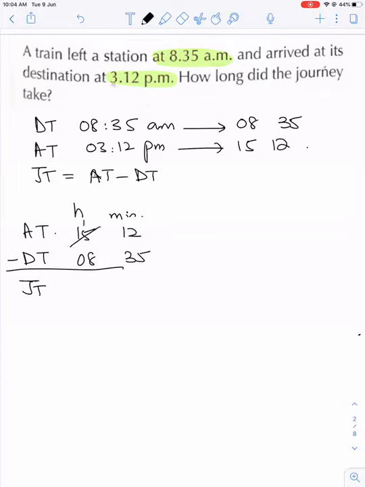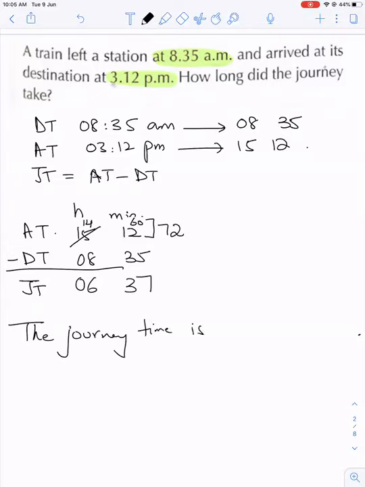When we subtract 1 hour from here, 14 hours will be left. 1 hour, when it goes on to the minutes column, becomes 60 minutes. 60 plus 12 gives you 72 minutes. 72 minus 35 is 37 minutes. And 14 minus 8 is 6. So you can write that the journey time is 6 hours, 37 minutes. This is the first question.